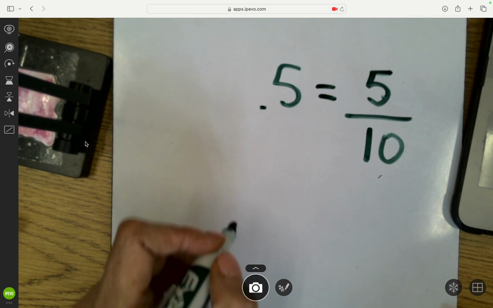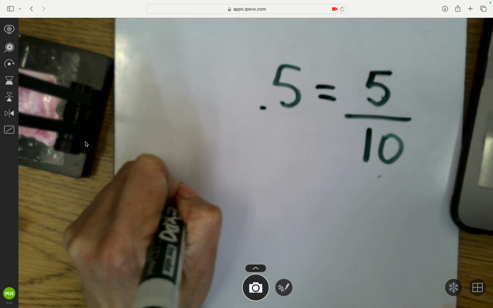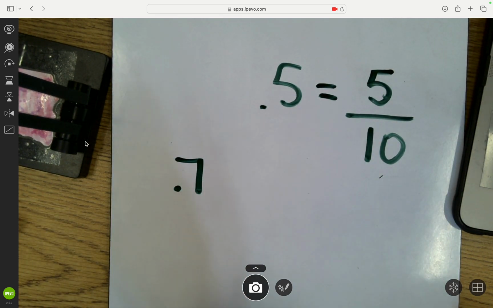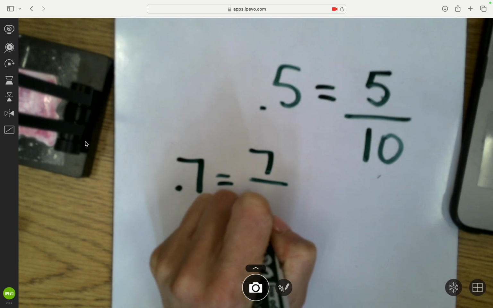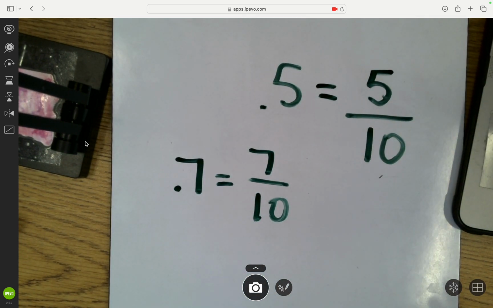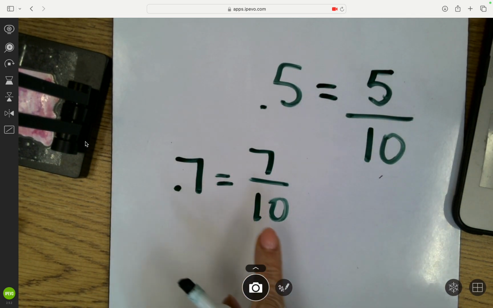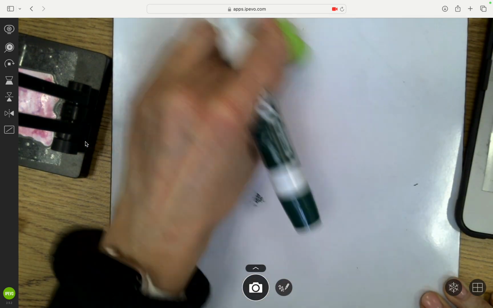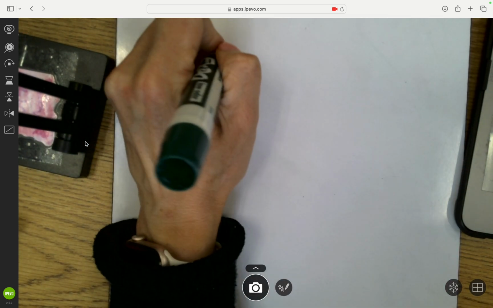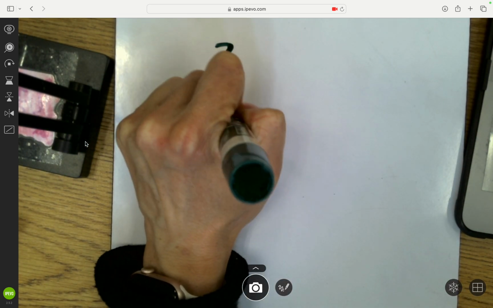If I have 0.7, that equals, in a fraction, 7/10. And it even sounds the same, 7/10. I can also write it as a fraction.